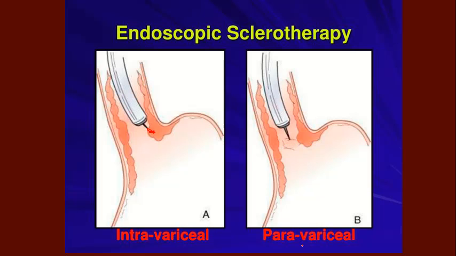When we use both para- and intravariceal injection, first the paravariceal injection is done into the submucosa, followed by intravariceal injection. The varices should not be injected blindly.